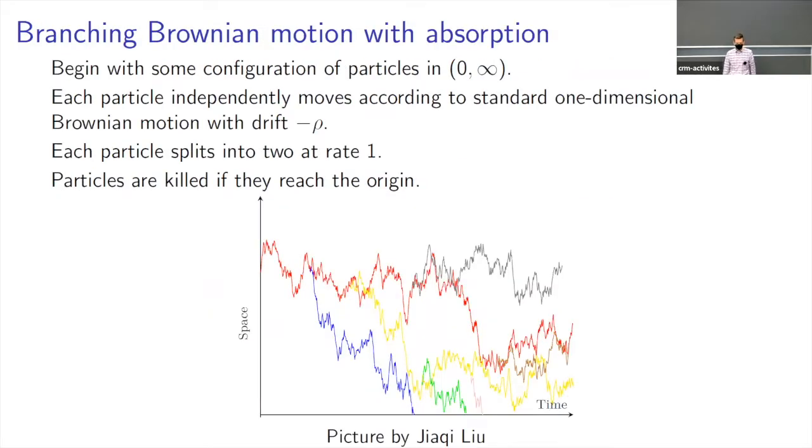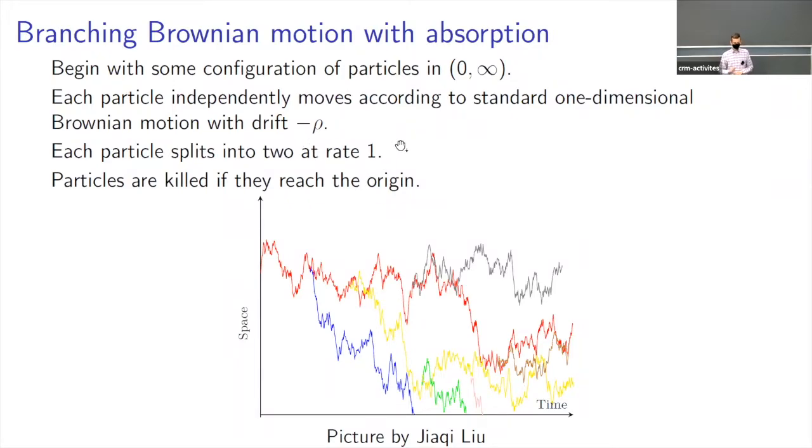So I'll remind you here of the definition, which I think we stated last time. We begin this time with some configuration of particles to the right of the origin. Each particle independently moves according to standard one-dimensional Brownian motion with a drift of negative ρ. So the particles are drifting towards the origin at some rate.